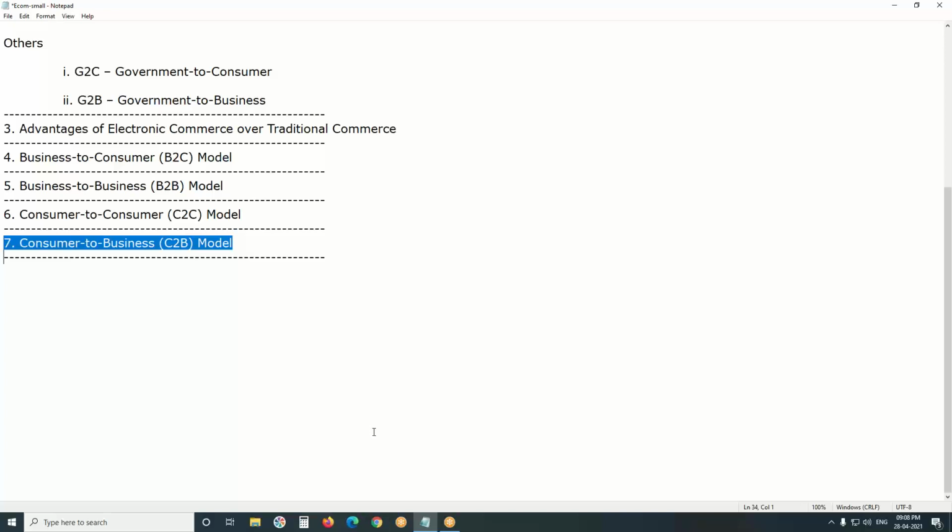Consumers can act like contractors bidding on certain projects, which allows them to bring value back to the business. In the C2B model, the consumer is setting the price and has leverage over the transaction since they are providing the service. Thank you.